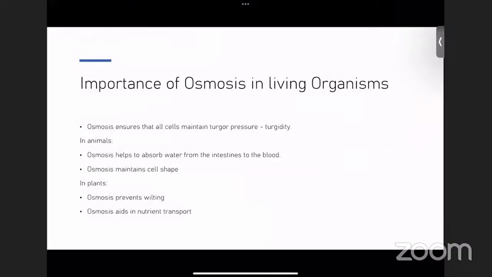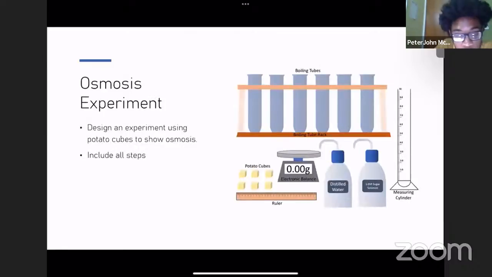All right, you good? Great. So, osmosis experiment. I just want someone to give me an experiment you could use to examine osmosis with the materials you have here.